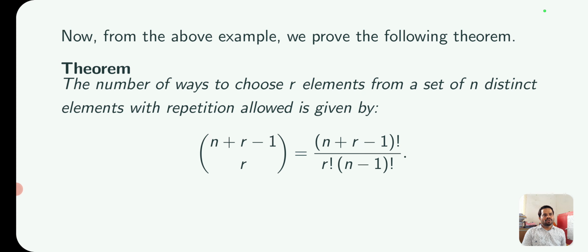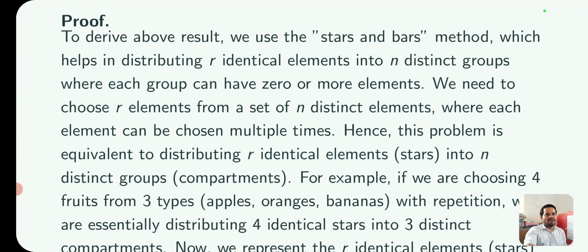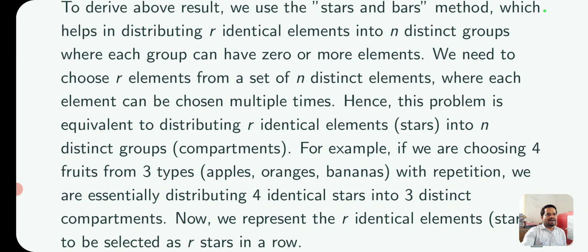So how to show it? First, to derive the above result, we use the star and bar method, which helps in distributing r identical elements into n distinct groups, where each group can have 0 or more elements. We need to choose r elements from a set of n distinct elements, where each element can be chosen multiple times. Yes. You know we have already solved the example of star and bar by using this to select the 4 apples.